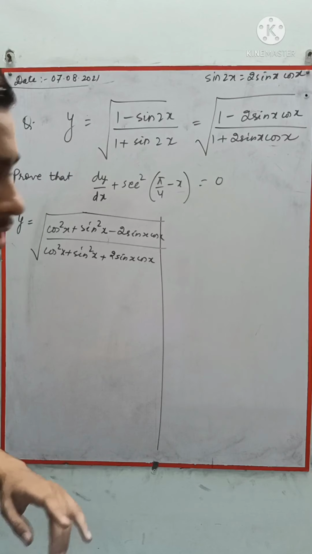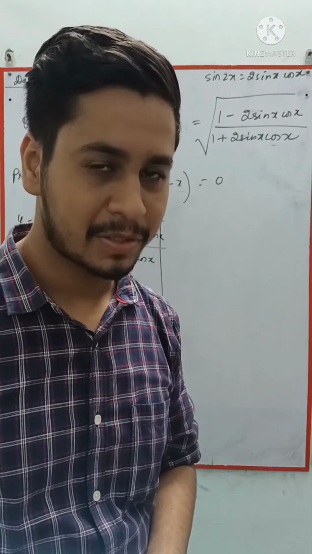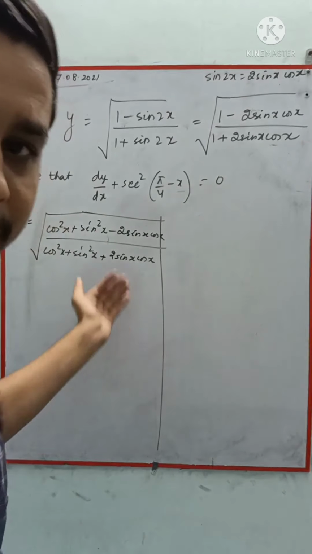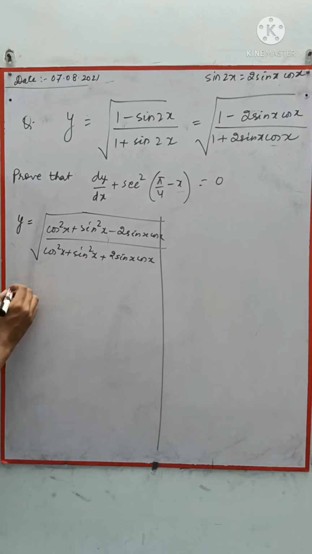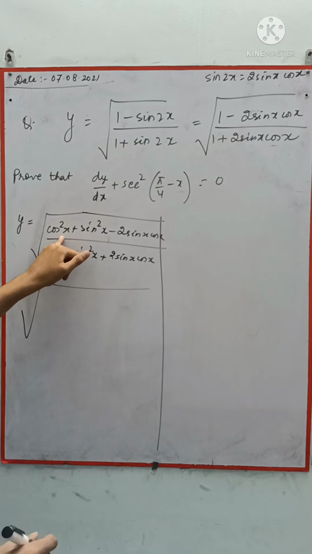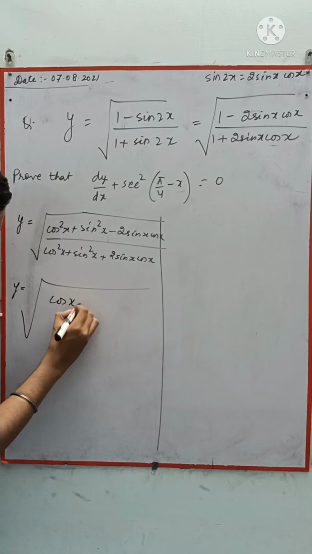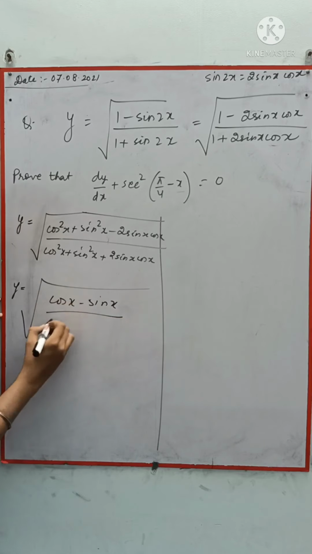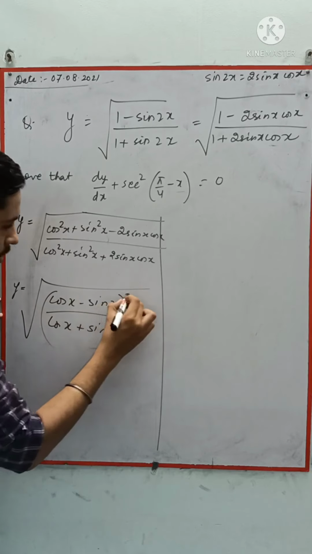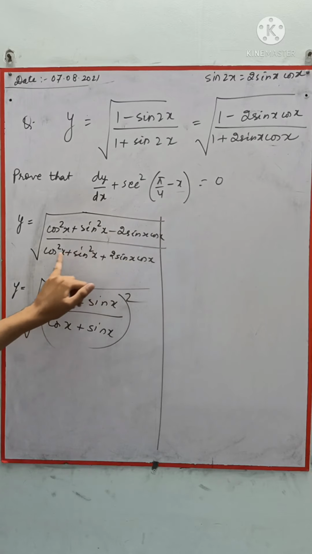Now don't you have a question that why cos square x plus sin square x? Can't we write sin square x plus cos square x? I'll give you the reason after just 2 or 3 steps. So come here. Isn't this the identity of a square plus b square minus 2ab, which is cos x minus sin x the whole square, upon cos x plus sin x the whole square in the denominator.